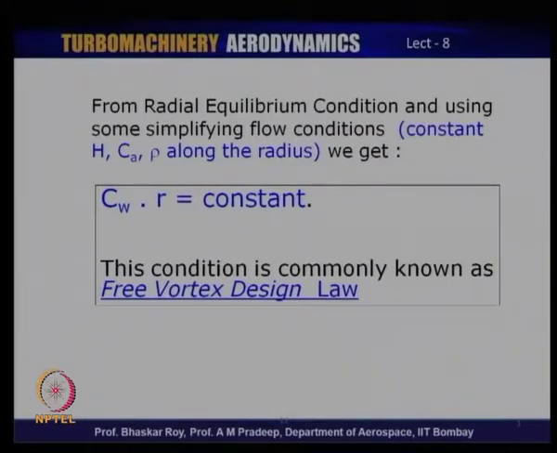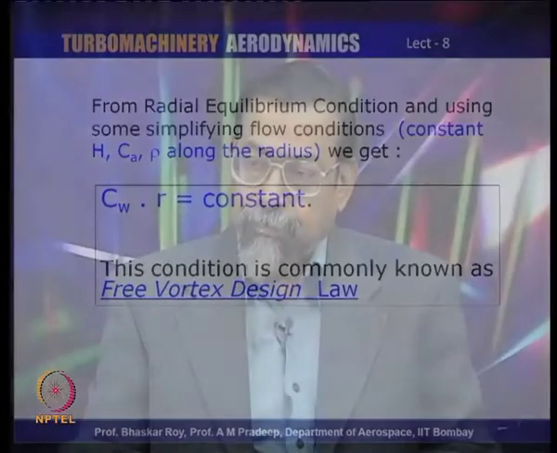Along with the fact that the flow is isentropic, using those additional thermodynamic conditions, we had found C w into r equal to constant, and this is the free vortex design law, which people have been using for almost 60 years, ever since axial flow compressors made their mark in jet engines.